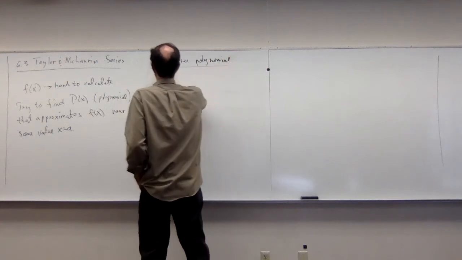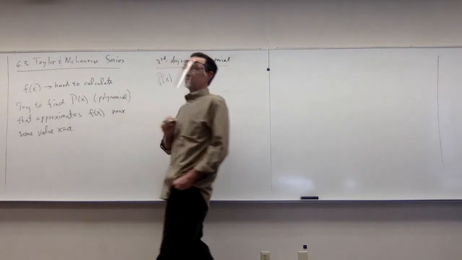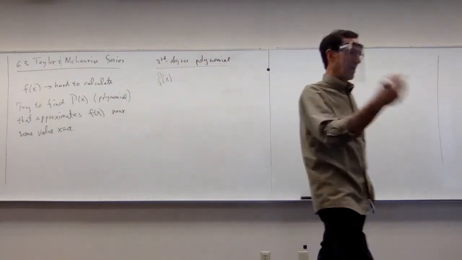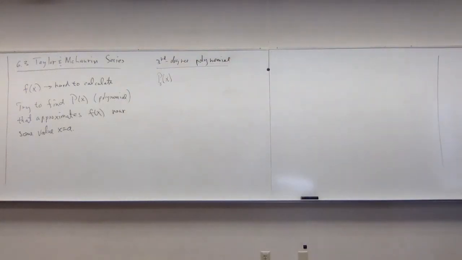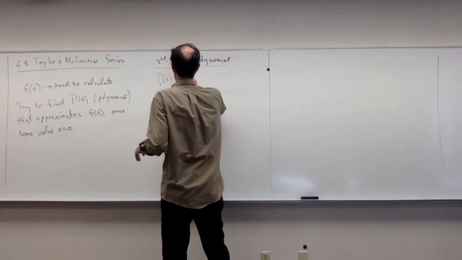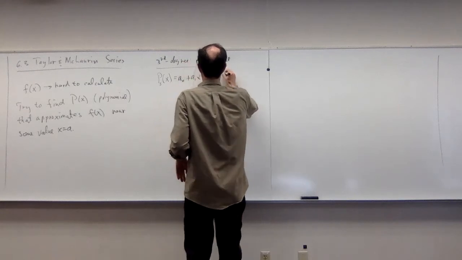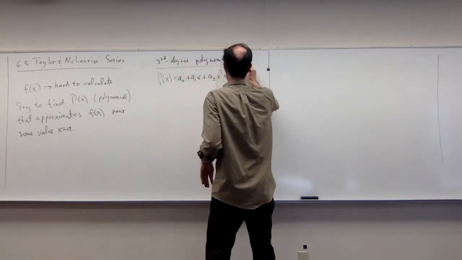All right, so I'm looking for a polynomial. It's third degree. And when I specify the degree, let's put the subscript down, so we know we're not looking for one of infinite degree. It's a third degree. There are 4 coefficients on the third degree polynomial: there's the constant a0, there's a1 x, a2 x squared, plus a3 x cubed.